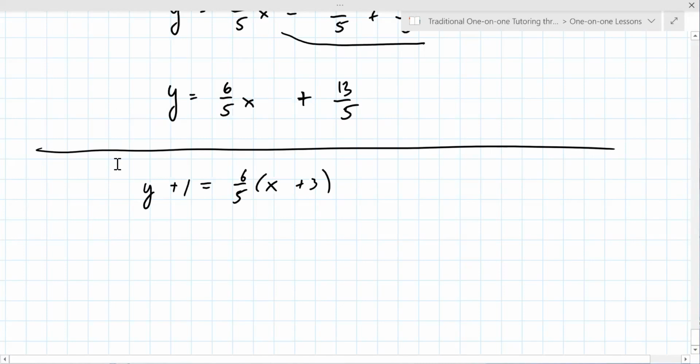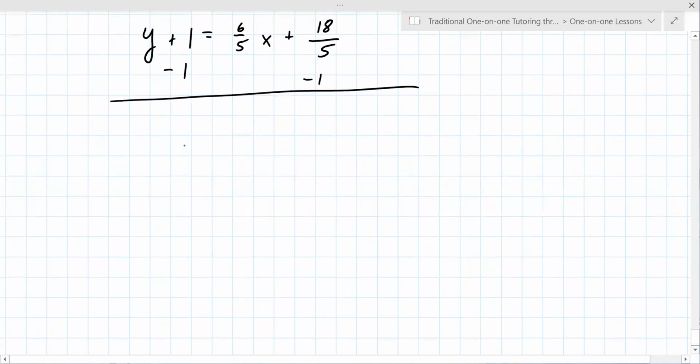So I have to make a 5 under the 3. So then would it be 15 over 5? Yes. Okay, but then you're subtracting 1 this time. So then would it be... And 1 is really 5 over 5.